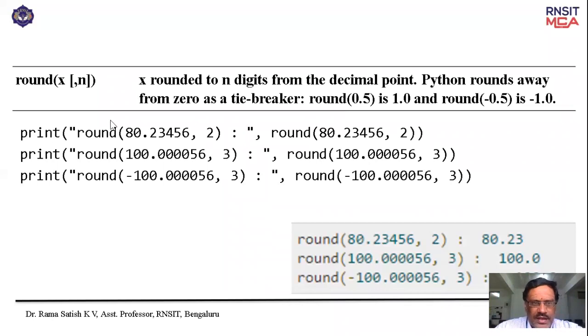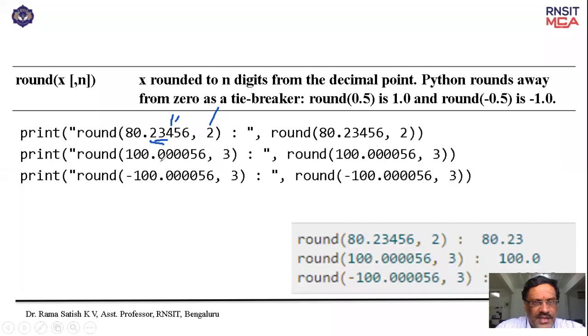Look at here, 80.23. So 0.23 is less than 0.5, so it will act like a floor function. In fact, you can also specify round up to how many digits. Here the number of digits you can specify. That means 3 is common, and 4, 5. So 4 is less than 0.5, so it will come back to 2, 3 only.